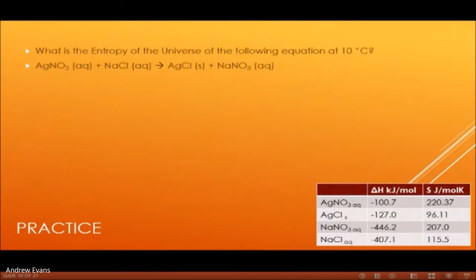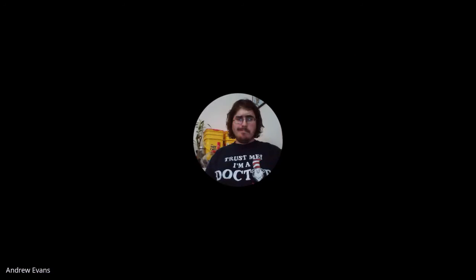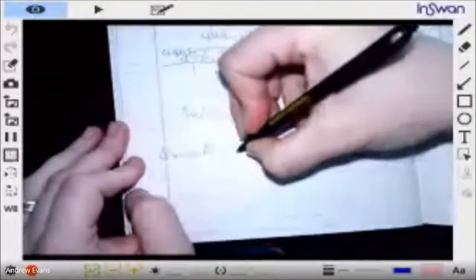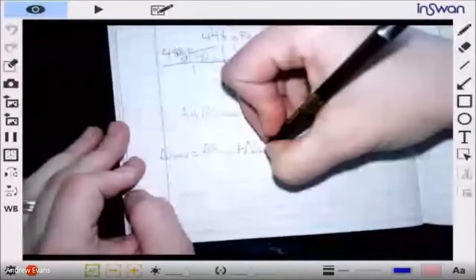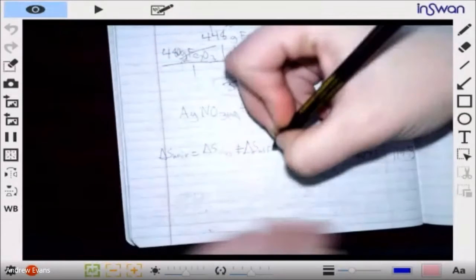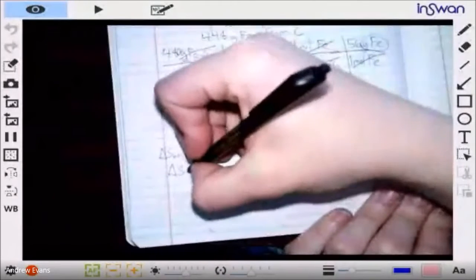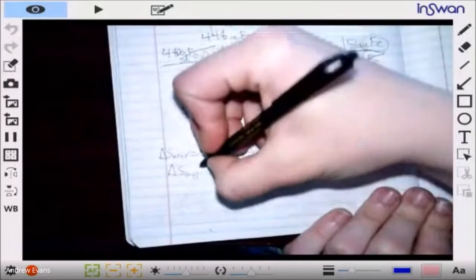Now, pulling up the calculator to calculate this. To calculate delta S universe, we need both delta S system and delta S surroundings. To calculate delta S system, that's going to be the easy one. It's just going to be products minus reactants.